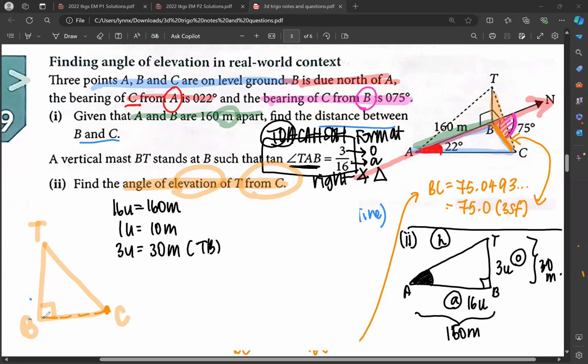And elevation means what, guys? Looking up. So I look up to T from C. So this is what I need to find. Question mark. Go, copy. So from here, I need to find angle TCB.